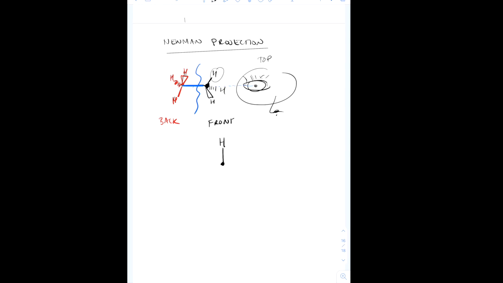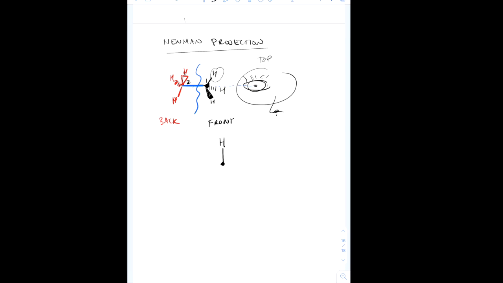So that means we would draw, our point of view is looking at this central carbon with the hydrogen sticking up. Now one of these hydrogens, I'm going to highlight it in black just to show you the one that I'm focusing on. That one, if it's projected out at us, but we're looking through that, let's just call it carbon 1, carbon 2.